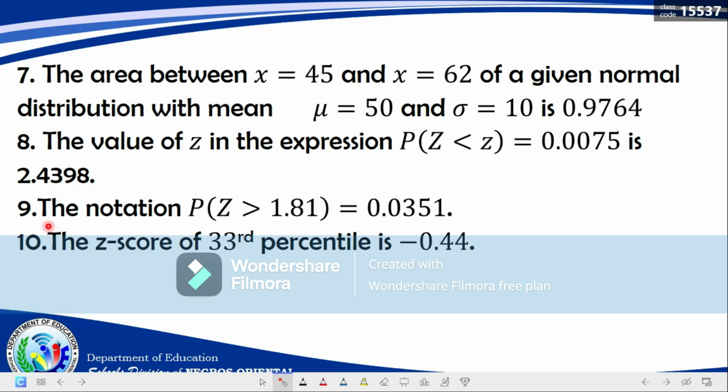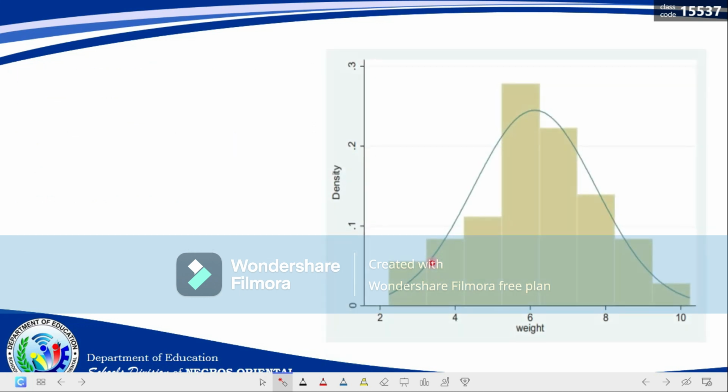Number 9. The probability wherein z is greater than 1.81 is equal to 0.0351. Number 10. The z-score of the 33rd percentile is negative 0.44.